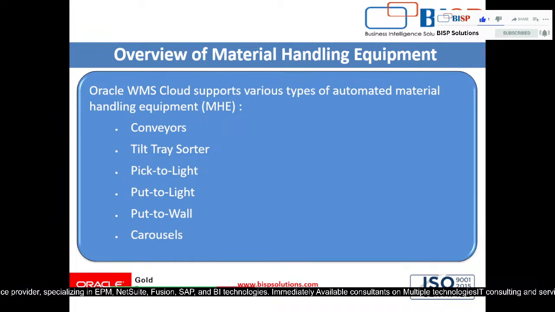They handle the material in our WMS. So what kind of equipment do we have? We have the conveyor, tilt tray sorter, pick to light, put to wall, and carousel. So let's discuss one by one. Start from the conveyor.